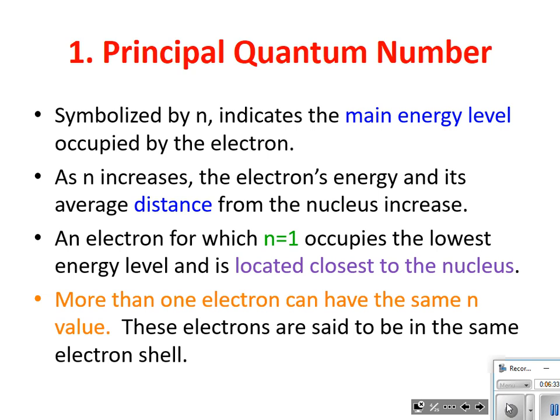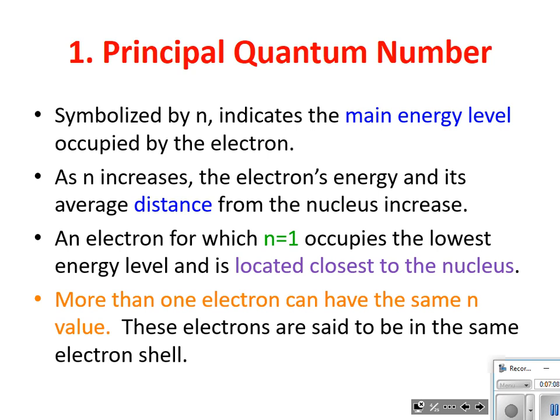More than one electron can have the same value for N. These are said to be on the same electron shell. Once again, N is the symbol for the quantum number, and it helps us understand distance from the nucleus.